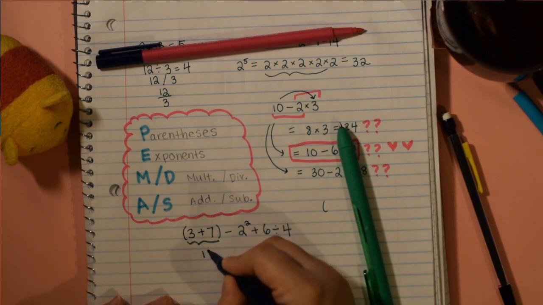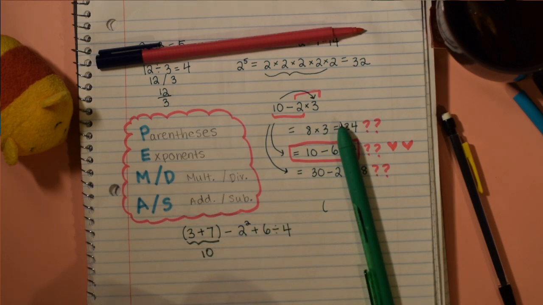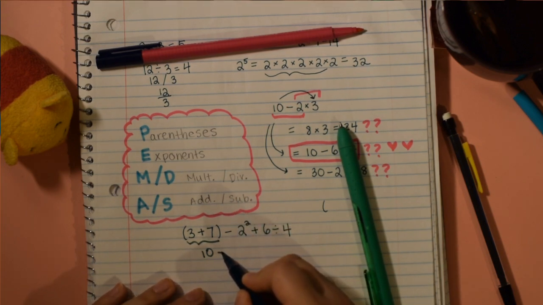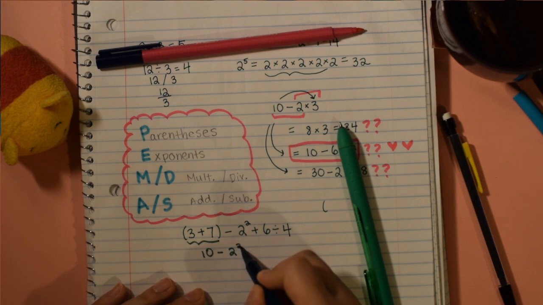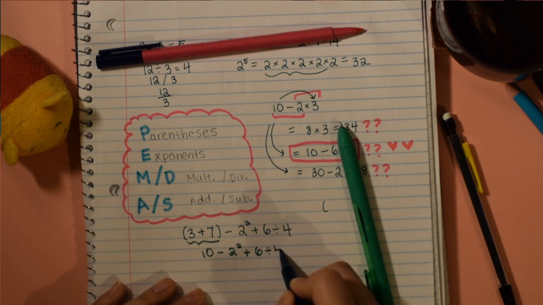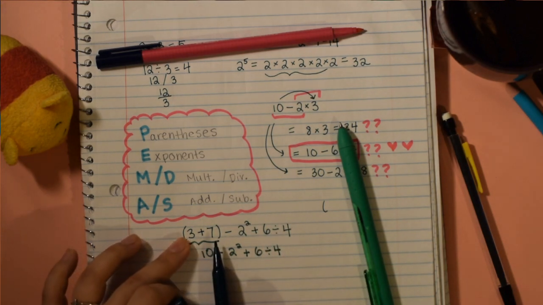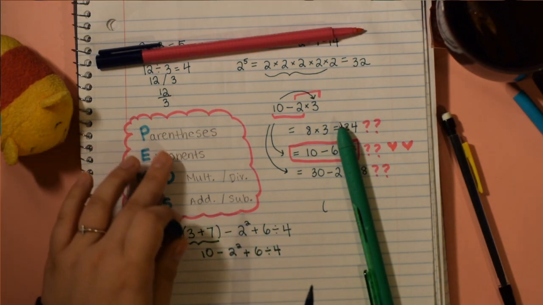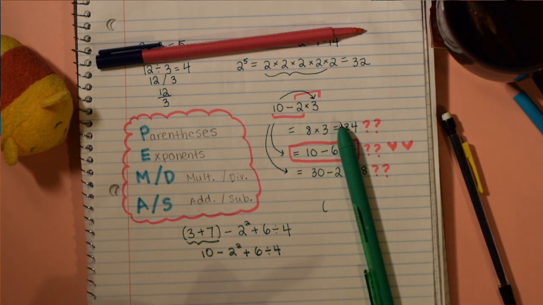10. Very nice. Okay. So we have 10, and if you want, you can just recopy the rest of the question again without touching it. Then you really have checked off the parentheses. Now, exponents.